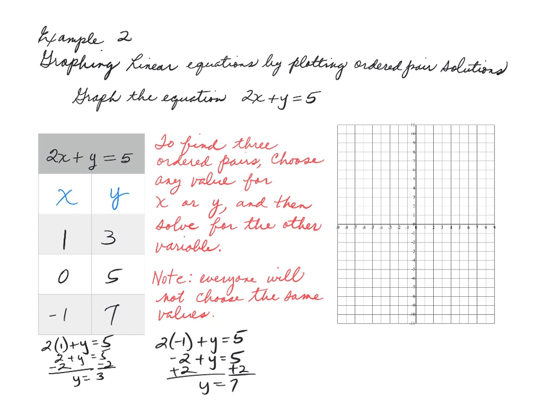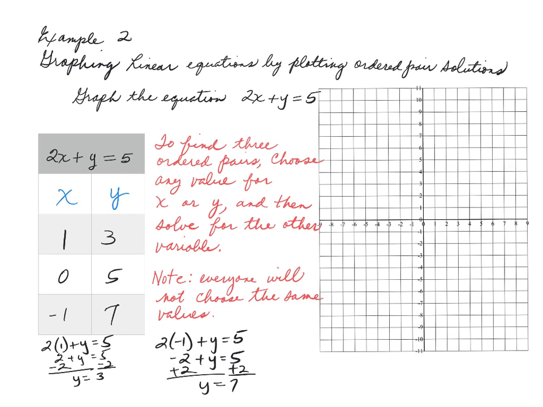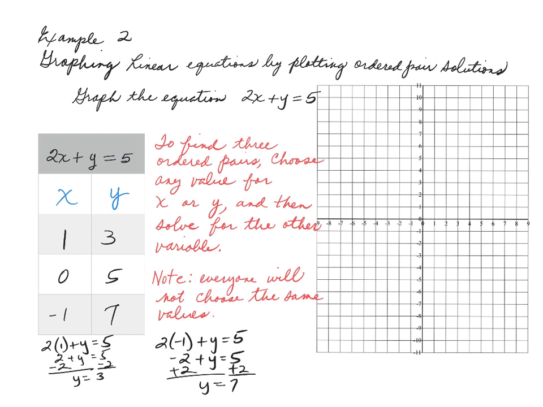So on this coordinate plane over here, I'm going to plot 1 and 3. 1 to the right and 3 up. That's 1 and 3.